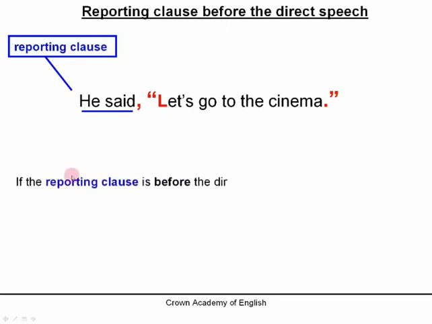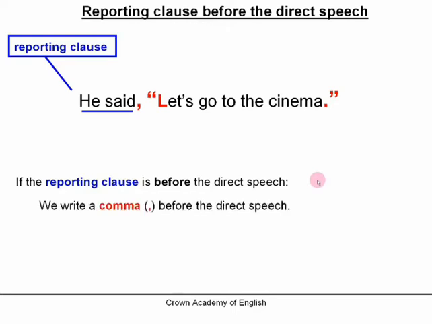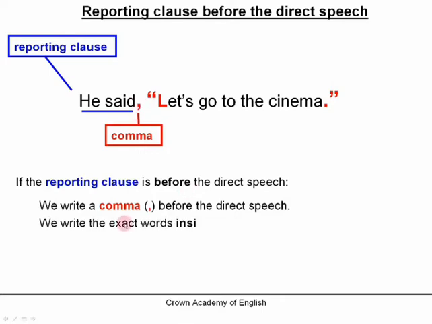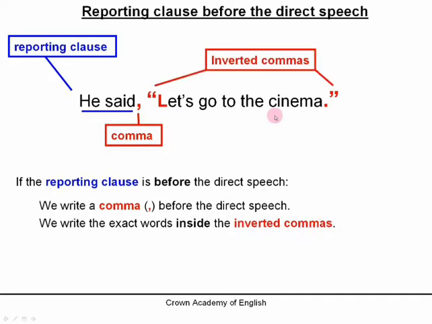So the rules are, if the reporting clause is before the direct speech, then first rule, we write a comma before the direct speech. This is the comma. So we must write this comma. And then we write the exact words inside the inverted commas. So these are the inverted commas, these little lines above the words.